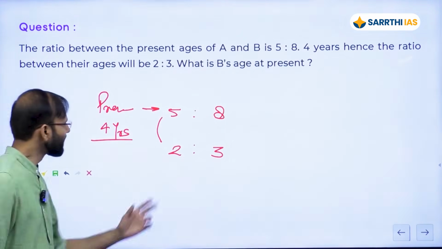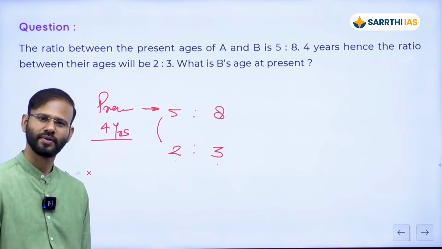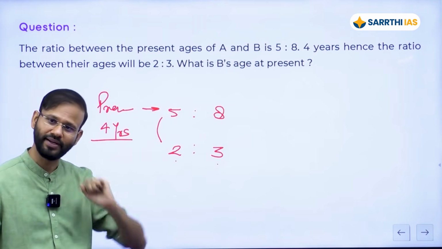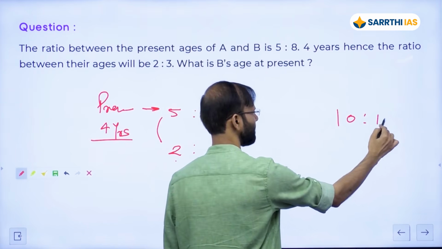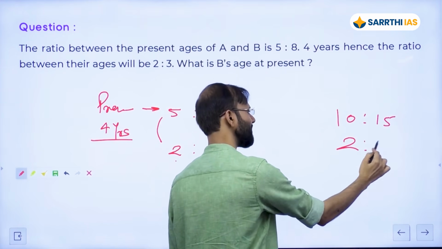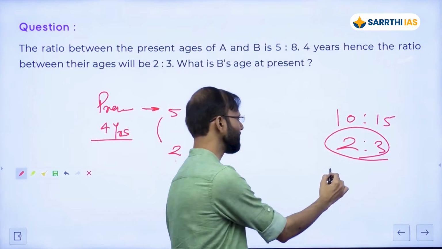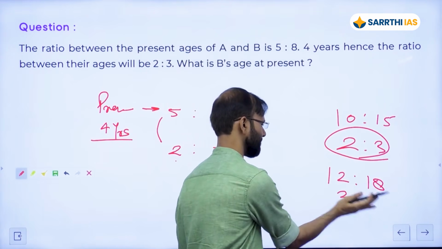You know what? Guys, this is not actual 2:3. This is the simplified version of some value. जैसे मान लीजिए for example 10:15. ठीक है? So the simplified version of 10:15 is 2:3. It can be anything. It can be, let's say, 12:18 also. So the simplified version is 2:3.